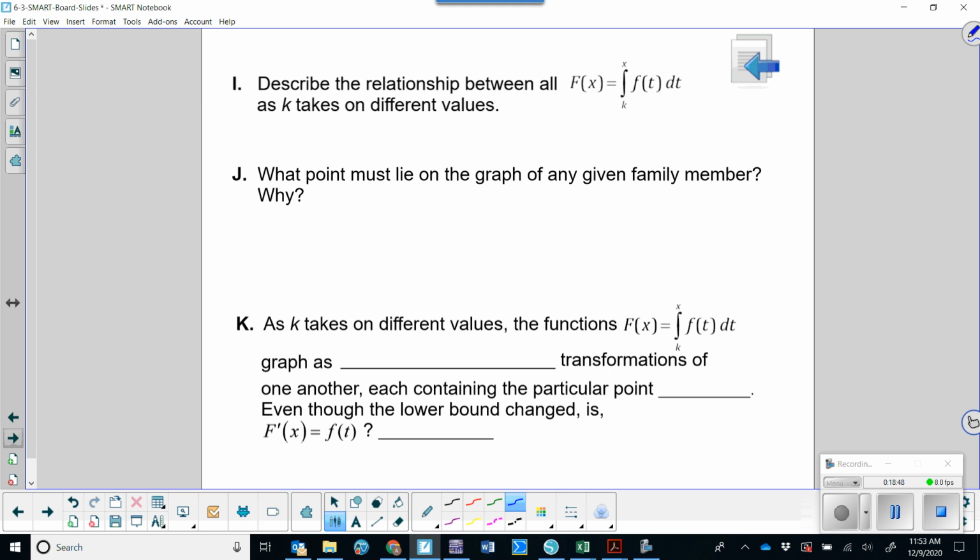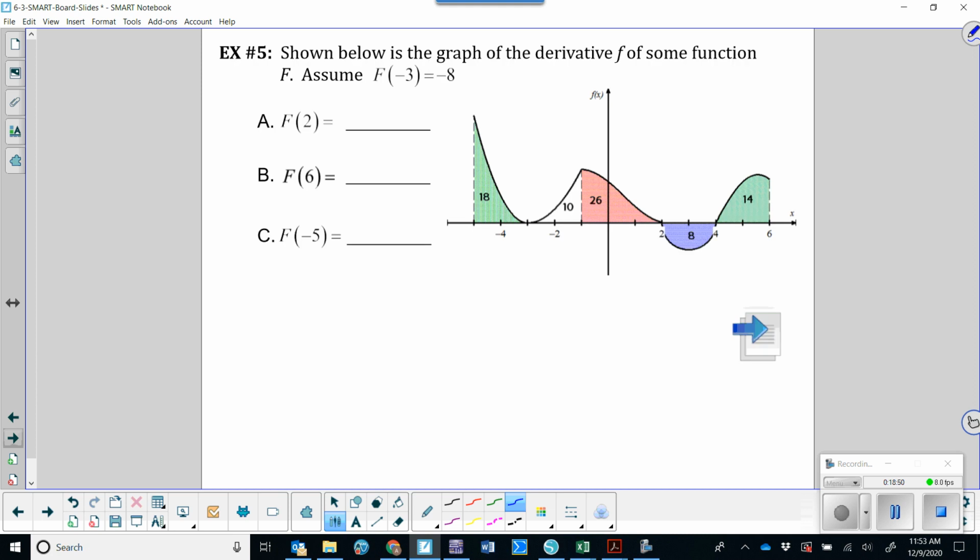example 5. Okay, so looking at example 5, this is another question that comes up that's really good to understand, and I'll tell you how I think about it in order to answer it. They're telling you that shown below, the colorful graph, is the derivative of some function called capital F. Assume that capital F of negative 3 equals negative 8.